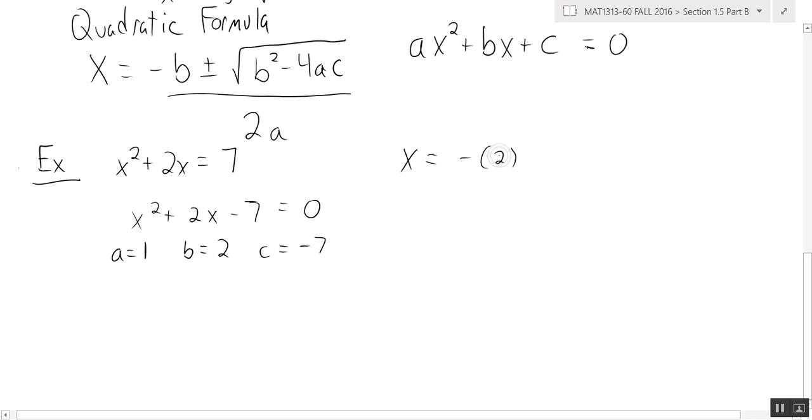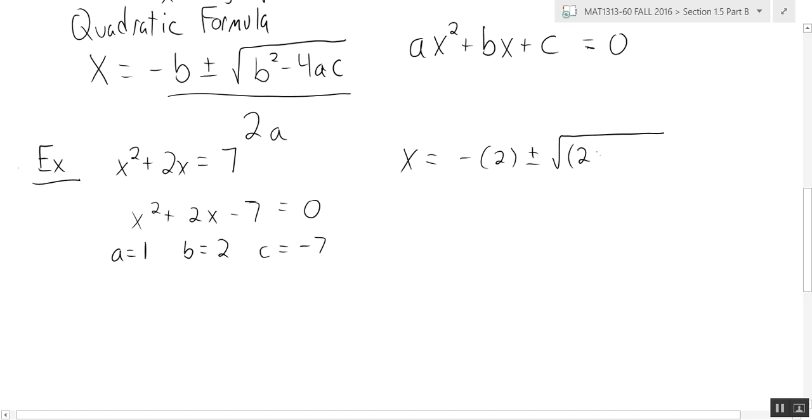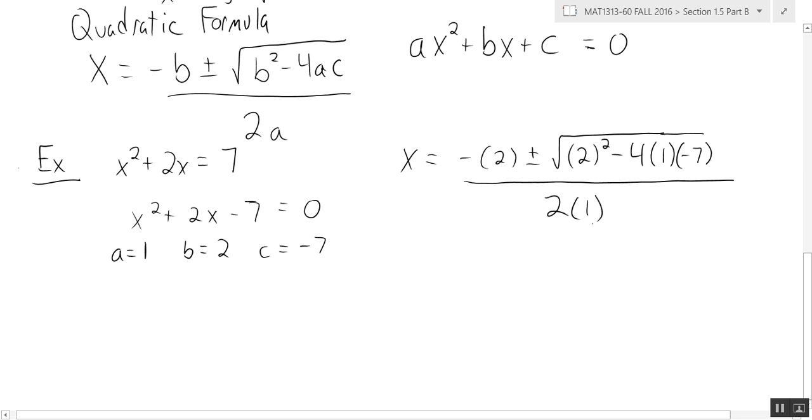So I'm going to have the negative of 2 plus or minus the square root of, I'm going to plug in my b again, so it's 2 squared minus 4 times a is 1, times c is negative 7, and then make sure you put all of that over, not just part of it, but the whole thing over 2a. So 2 times a was 1.